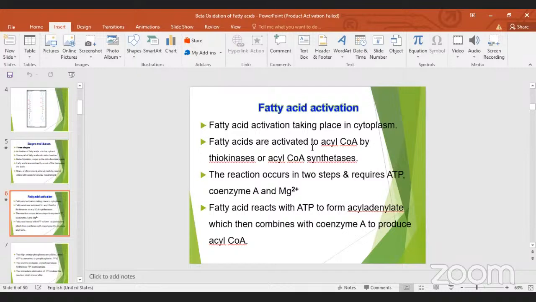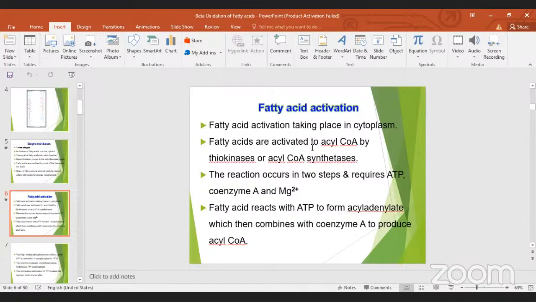Acyl CoA thiokinase or acyl CoA synthetase. What type of enzyme is involved in forming the activated acyl CoA? Thiokinases or acyl CoA synthetase. The reaction occurs in two steps.